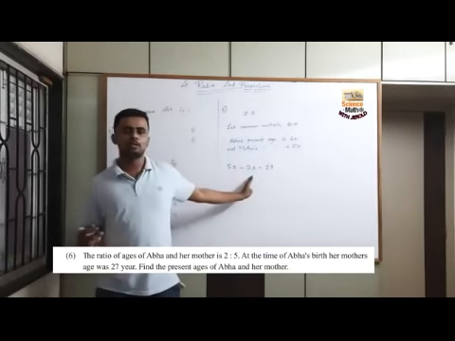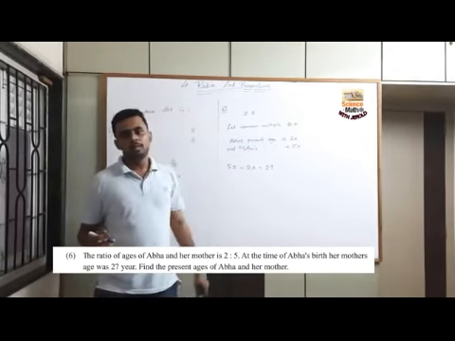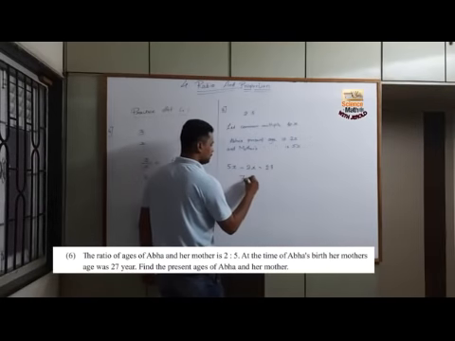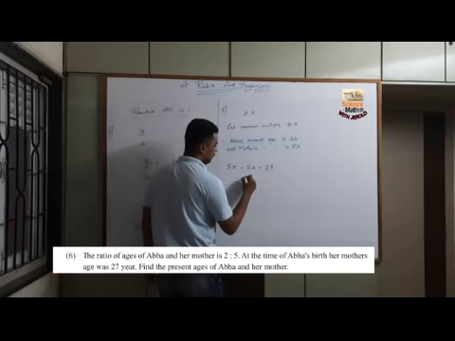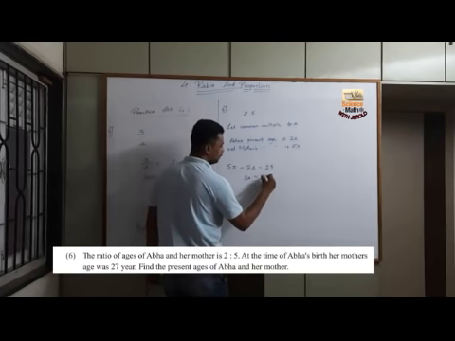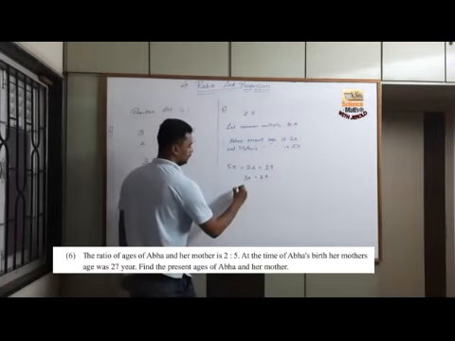That's right. So 5x minus 2x is equal to 27. So I will get 3x is equal to 27.